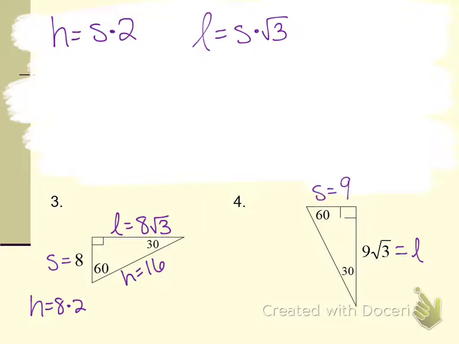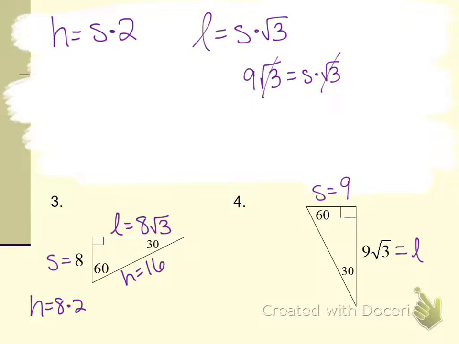So you don't necessarily need to show it when it's that easy, but you can, and it's not bad to get in the habit of it. 9 root 3 is equal to short times root 3. Now, it will not always happen to where the root 3's just cancel out on both sides. That will not always happen. So I would get familiar with the formula just in case.